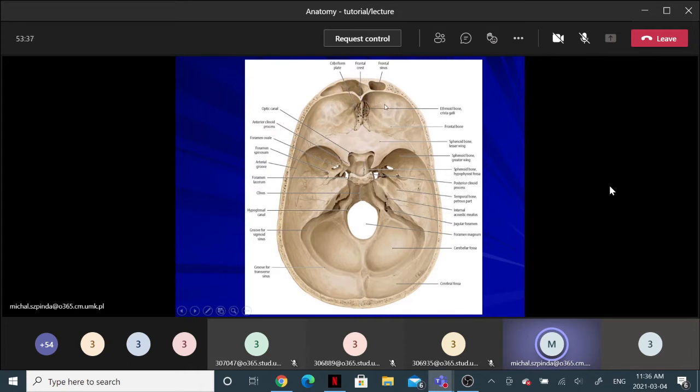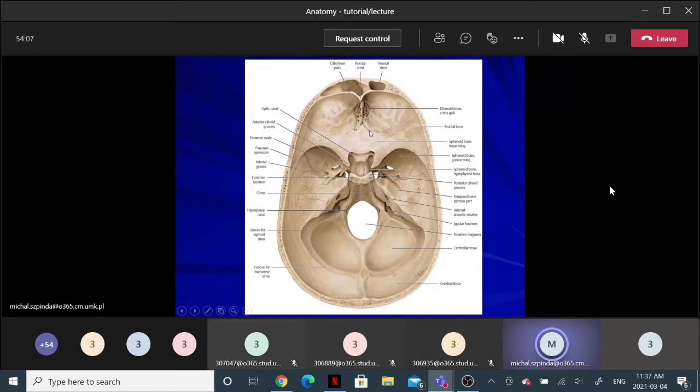This means that the anterior ethmoidal nerve passes transversely from the orbit to the anterior cranial fossa, and afterwards, through the cribriform plate, enters the nasal cavity. So no direct communication, only through the anterior cranial fossa, referring to the anterior ethmoidal canal.